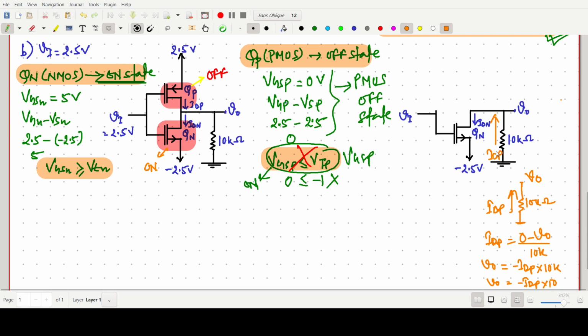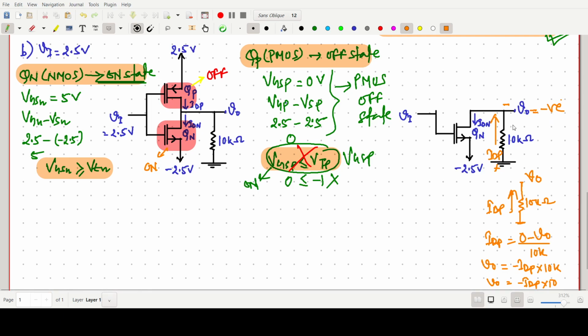So V naught will be a negative value, because the current is flowing from this side. This should be negative and this should be 0, so this potential will be higher than this. So V naught will be negative.